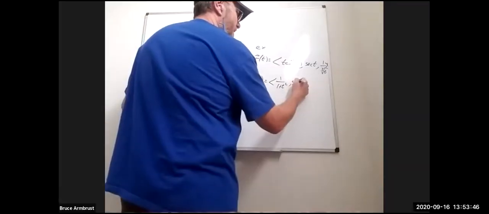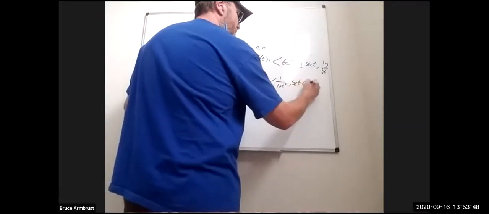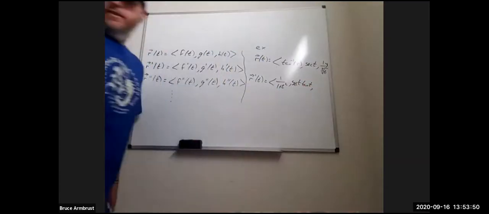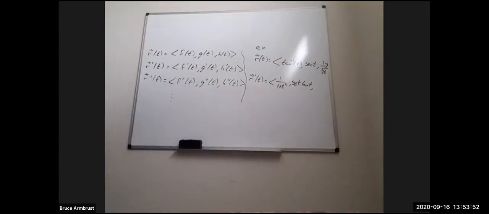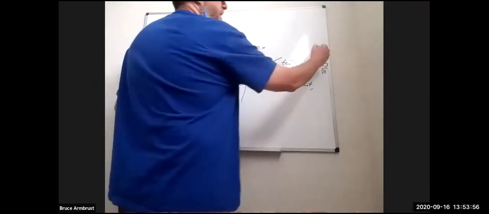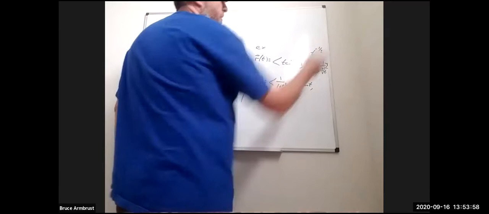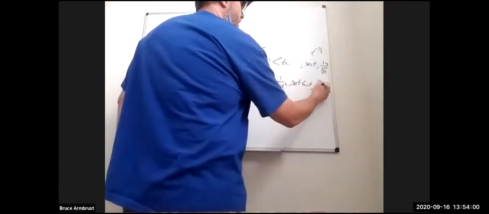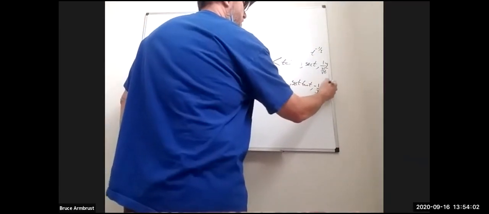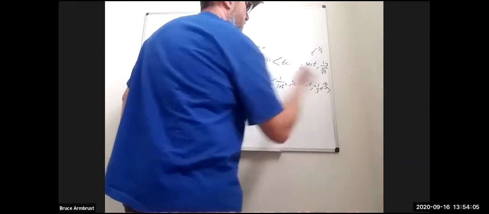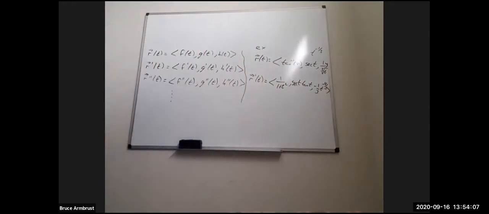Secant x tangent x, I think. That's right, except we're going to make them t's instead of x's. Secant t tangent t. And then the 1 over the cube root of t, think of that as t to the minus 1/3. So you're going to get a minus 1/3 t to the minus 4/3. And so there would be the derivative of that one.